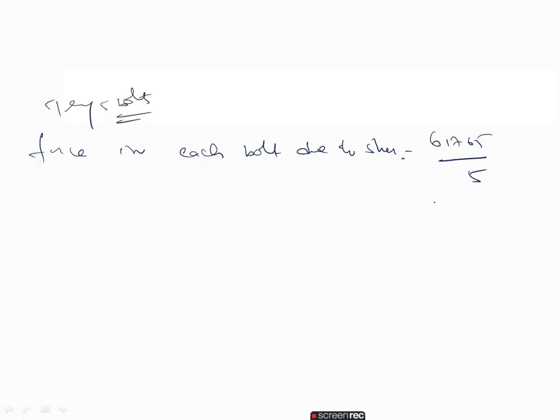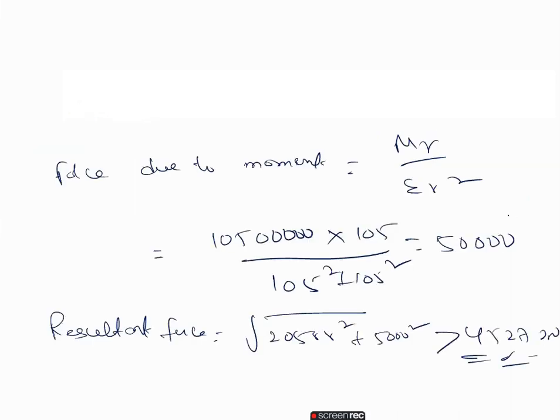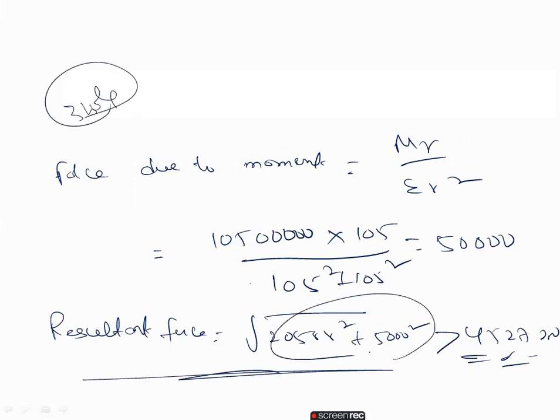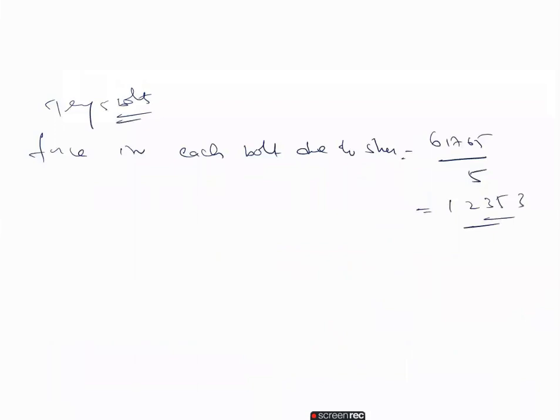So you will get the answer around 12,353. Here I took 3 bolts, but the resultant force was greater than the limit, and it should be less than 45,272. That's why I am taking 5 bolts.